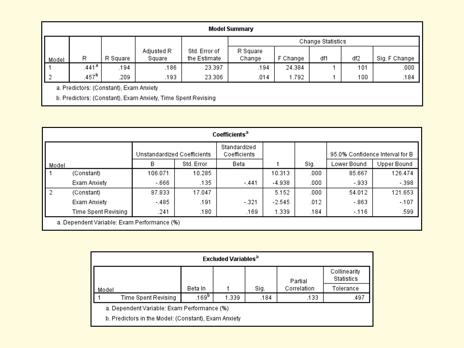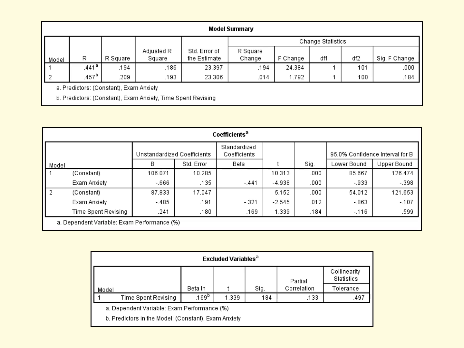So here's some output from that first order, where we're entering exam anxiety first and then time spent studying. If you look up at the top at the model summary, you can see that an augmented model, model number 1, that includes only exam anxiety, explains about 19% of the variance in the outcome variable, and is significantly different from the compact model that includes no predictor variables.